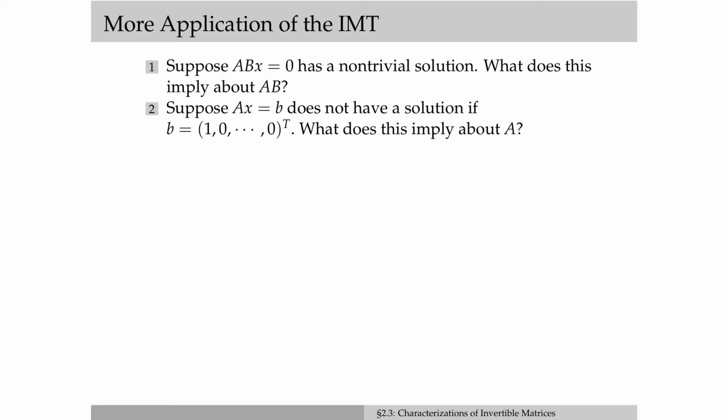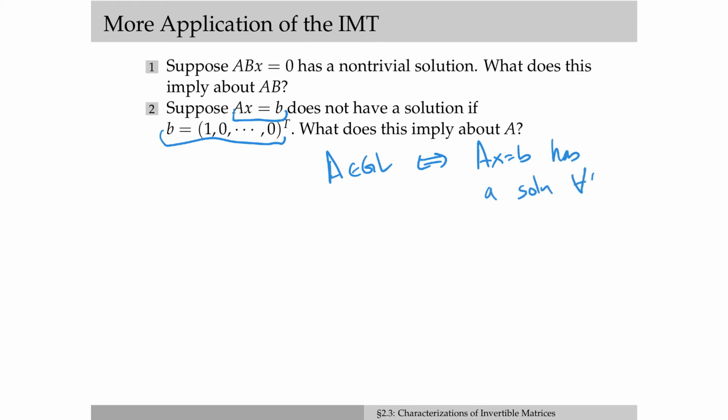Next up, suppose AX equals B does not have a solution if B happens to be this particular vector. What does this imply about A? Again, by the inverse matrix theorem, it says that A is invertible if and only if AX equals B has a solution for every B. Well, we found a particular B where this statement right here is false.